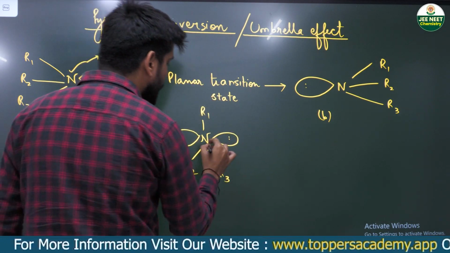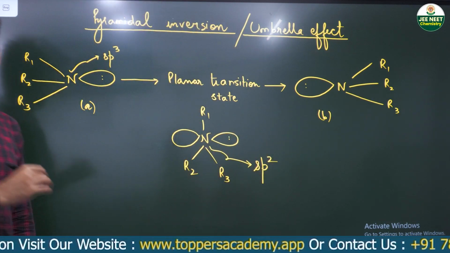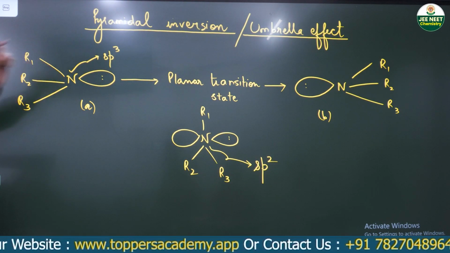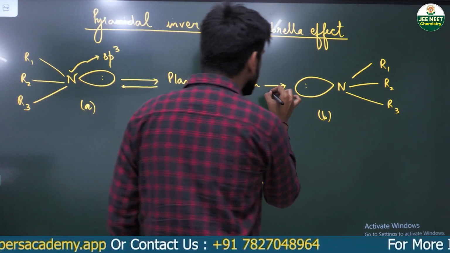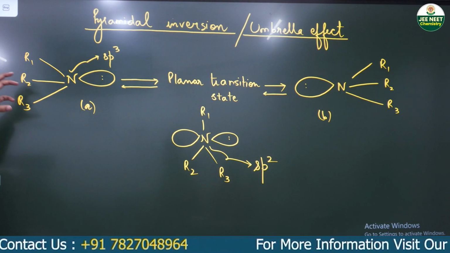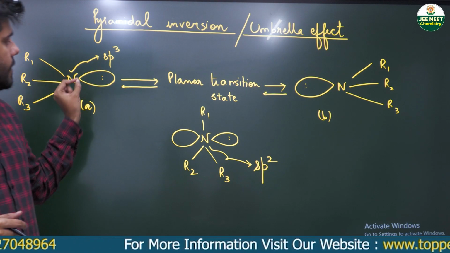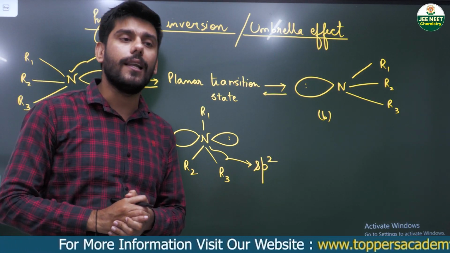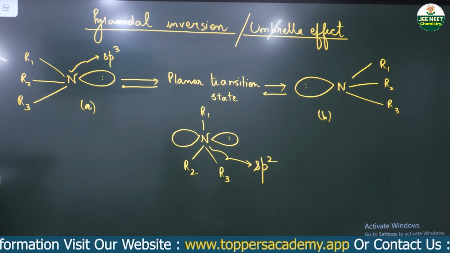Now the hybridization is sp2 because it is planar. Yes or no? So this conversion is so rapid at room temperature that it is very difficult to isolate these enantiomeric forms, and hence this amine is optically inactive, in spite of being chiral.